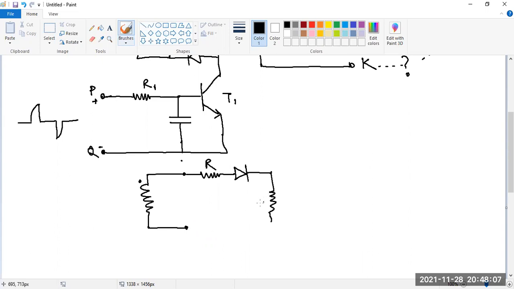Some diode, some another resistance, one Zener diode, one more capacitance. So this is called the gate protection circuit. Let me write it.